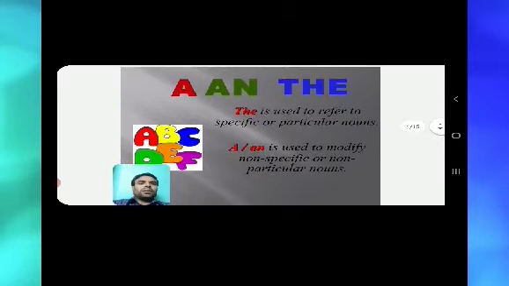Here you can see a, an, and the. The is used to refer to specific or particular nouns. Children, please do understand and try to make a note. You understand why we use the? It is used to refer to a particular or specific noun. We use the to refer to a specific or particular thing.